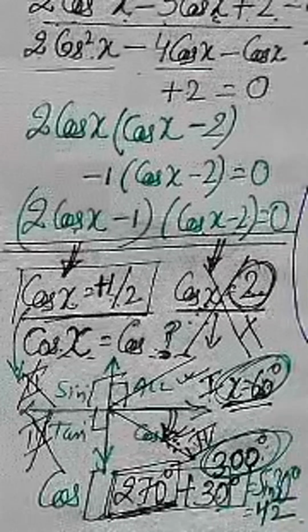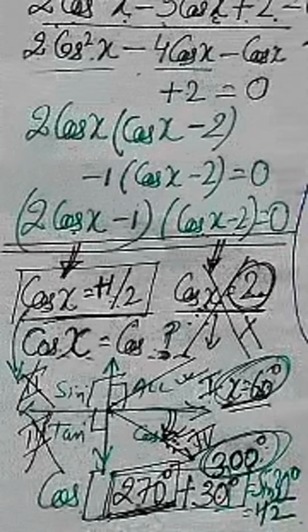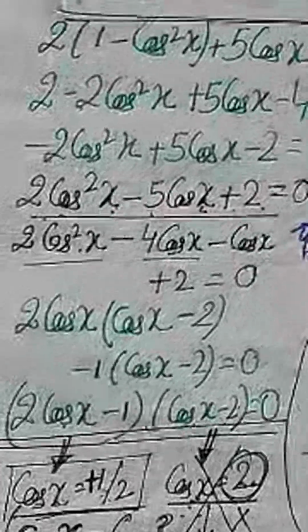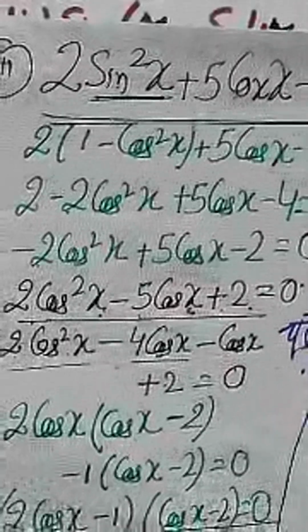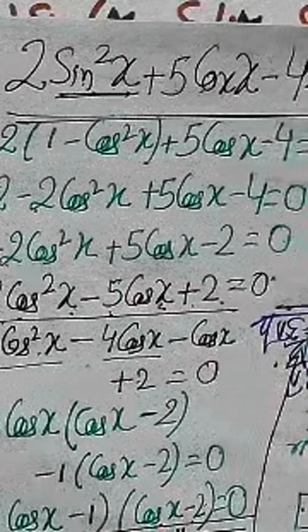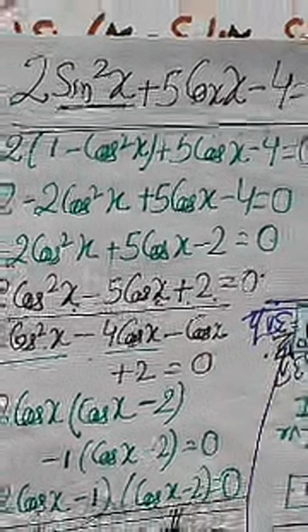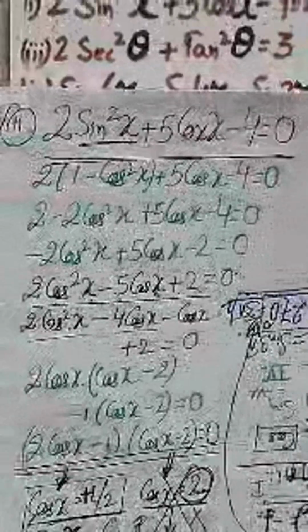So the value of x equal to, let me write it over here. Yeah, this is the second question: 2 sin square x minus 5 cos x minus 4 equal to 0, right?